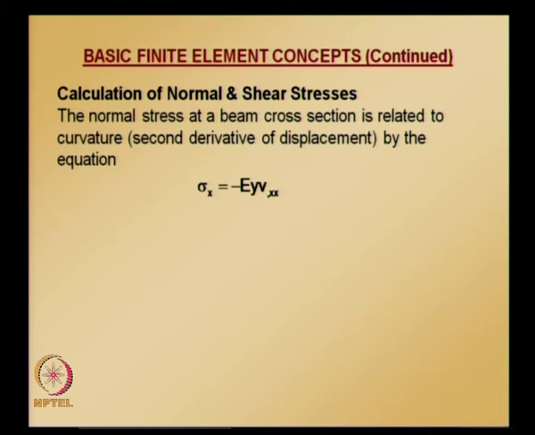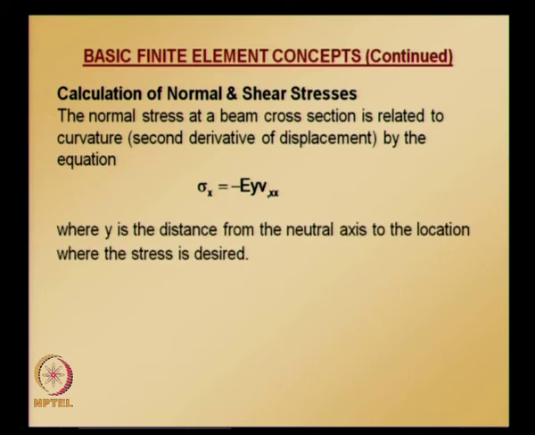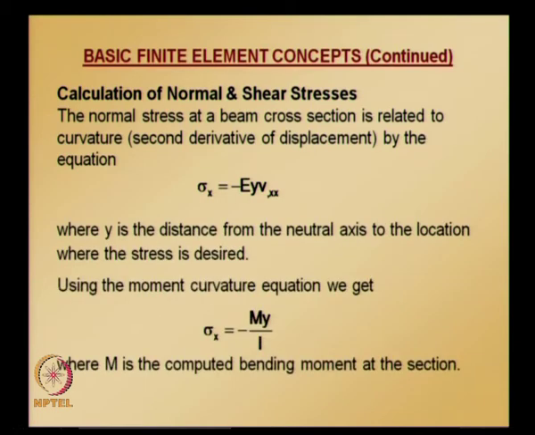So, we can relate this stress to the bending moment, and using the moment curvature equation we get sigma x equal to minus M times y divided by I, where I is the second moment of inertia of the cross section.